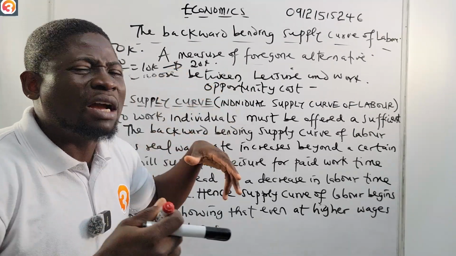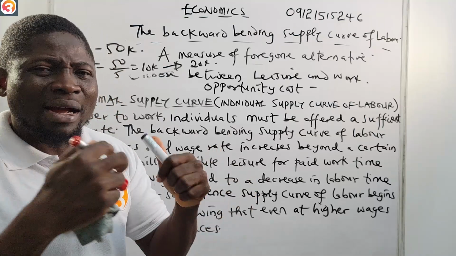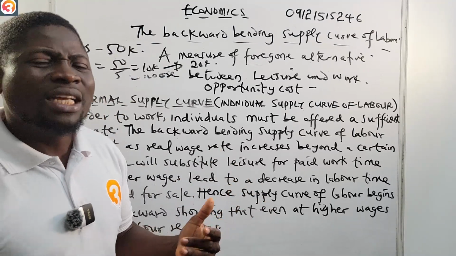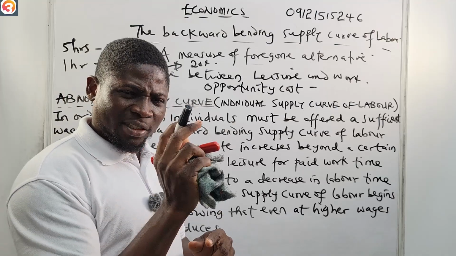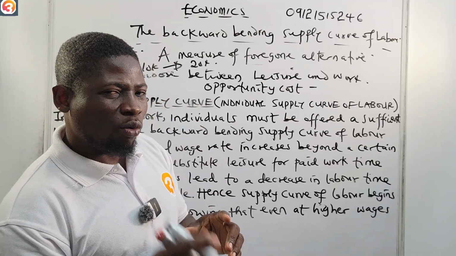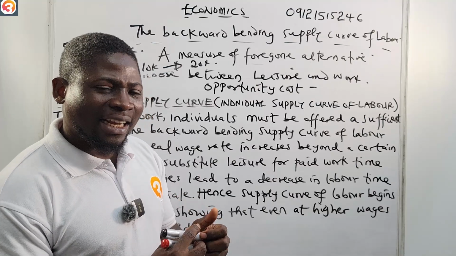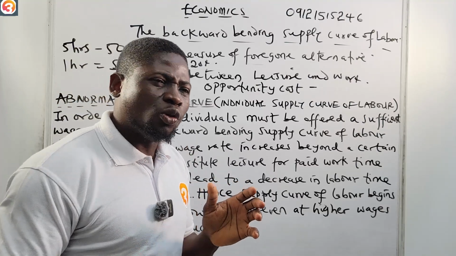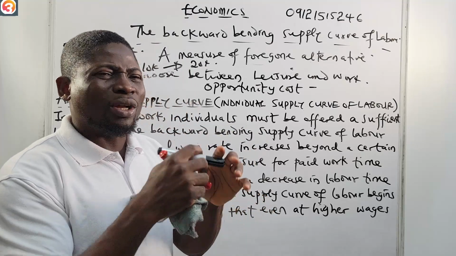I'm spending less time with my family. I do not have time for myself. I need to reduce the number of hours I'm working. So it's normal, even as the wage rate is increasing, they may decide to spend less time working, hence causing the supply curve of labor to bend, to become abnormal.